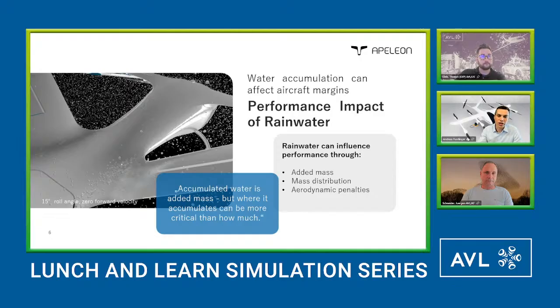So it's good to know that upfront, to test it upfront, and to understand the impact on performance, which is especially important for flight phases where we have margins which are already limited, and that's very helpful then to understand what can add up to a critical situation.